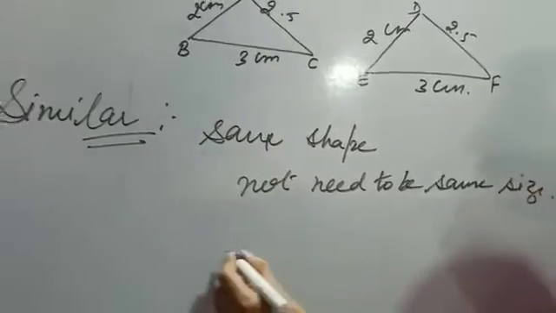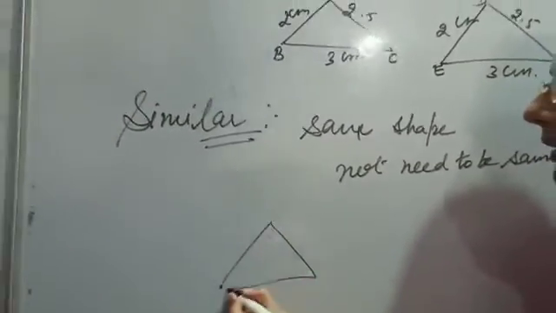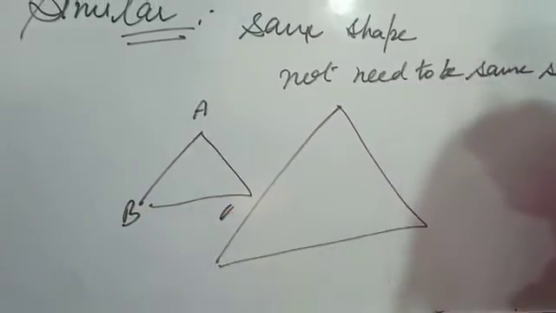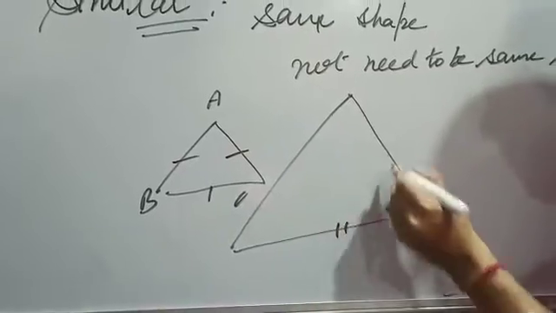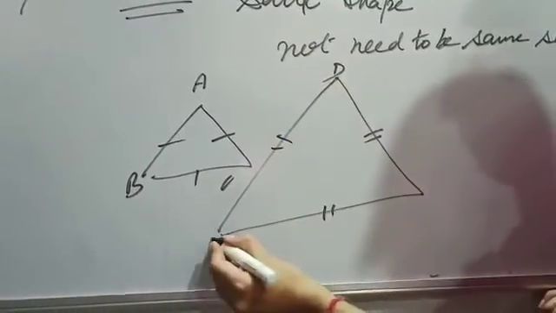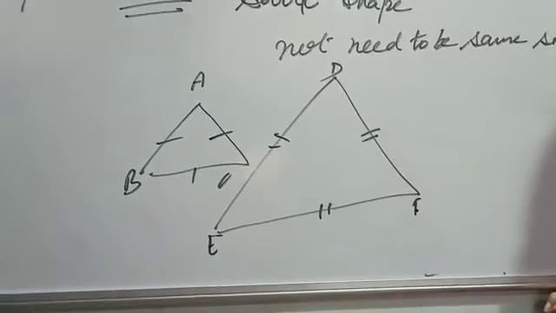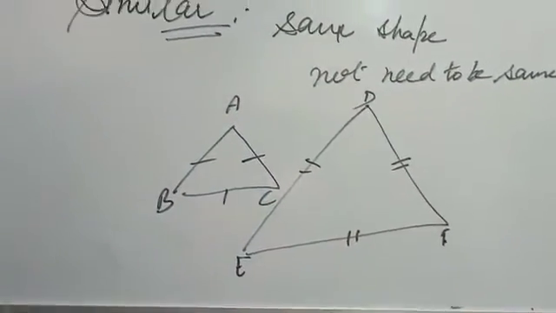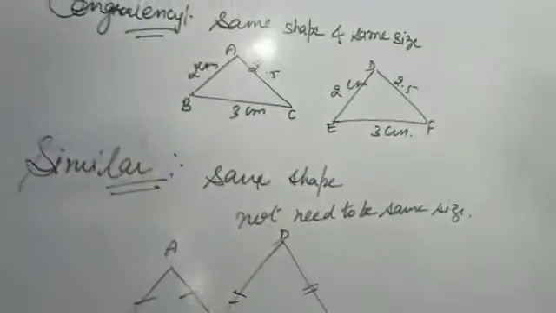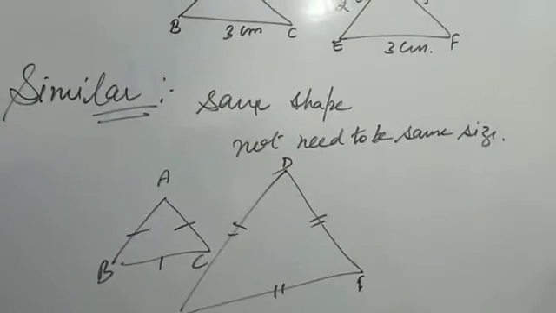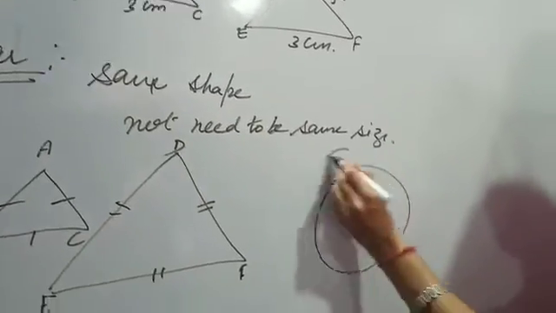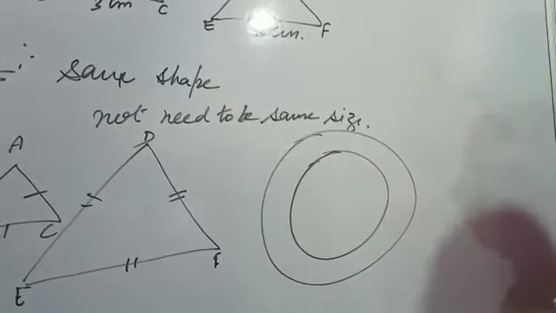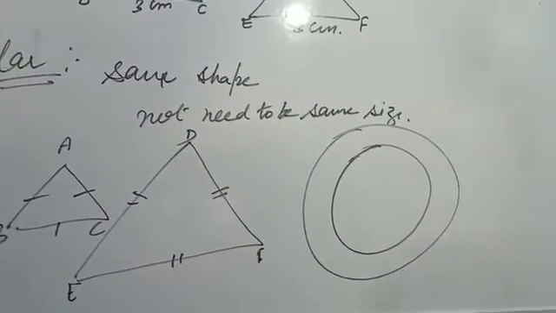For example, if I take two equilateral triangles, one triangle ABC with all sides equal, another triangle DEF, both are equilateral triangles but of different measurements, then we call them similar triangles. Similarly, if I take two circles of different radius, we call them similar shapes. Similar figures we can also call them.